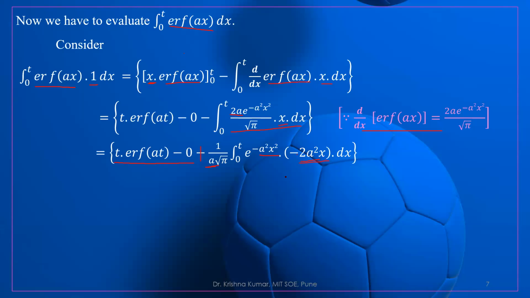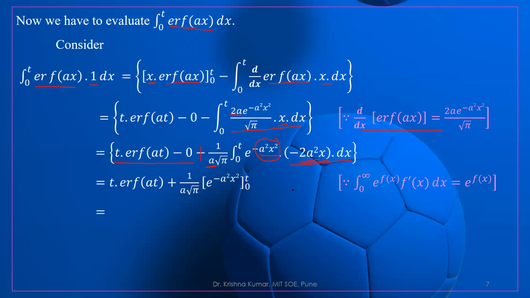Correct? So we can put this equal to t. Then this total term will become dt, and we can get its integration, or we can directly use the formula. I think everybody knows about this formula. Integration of e to the power f(x) f dash of x dx is equal to e to the power f(x).